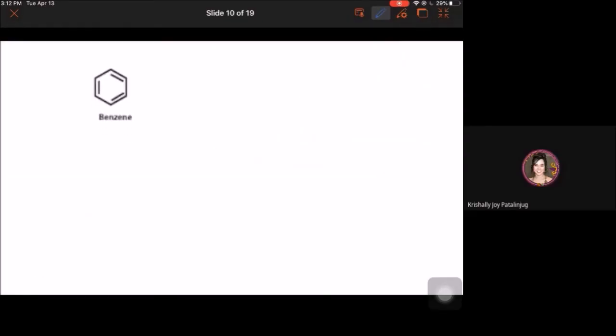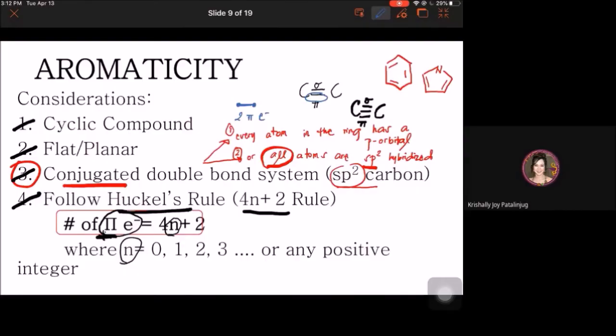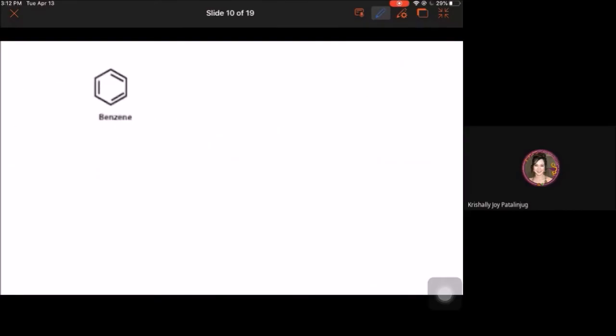So obviously, benzene, applying Huckel's rule right away. Now, if you are asked to determine the number of pi electrons in benzene, it is obvious, because the second bonds, with the alternating double bonds, these are pi bonds.